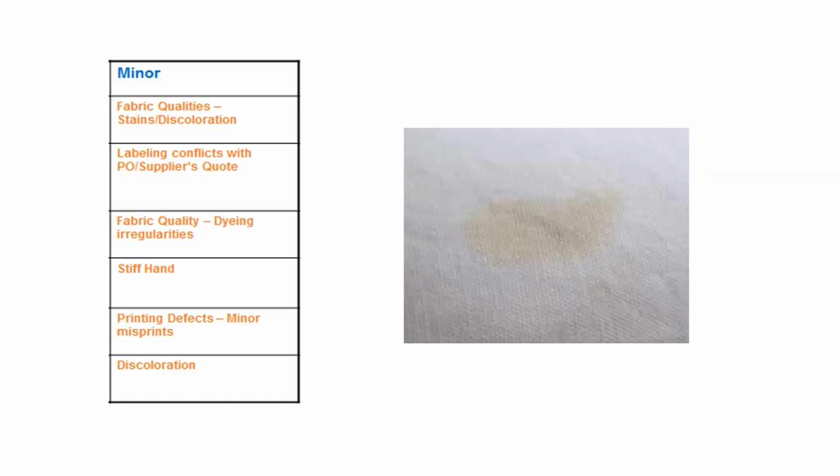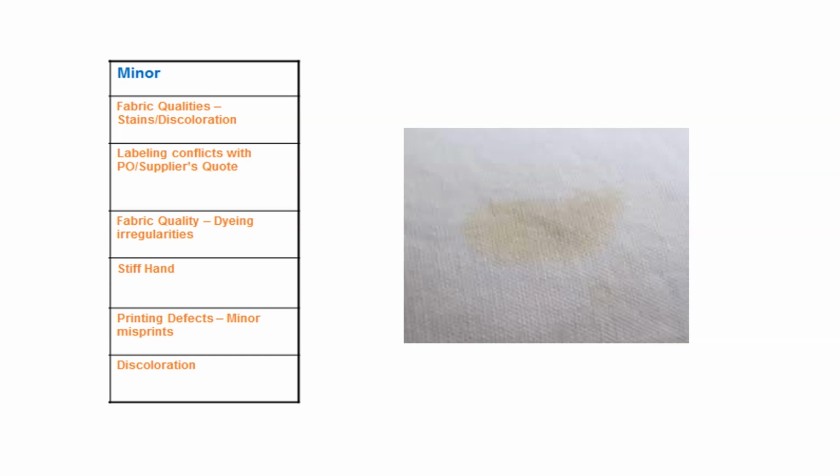Now students, you may ask where these defects will be located. These defects are located during inspection. They can be located when you are doing the fabric inspection, or in the garment when you are doing the garment inspection. Judgments are taken because of these defects, so either we accept the lot or we reject the lot.